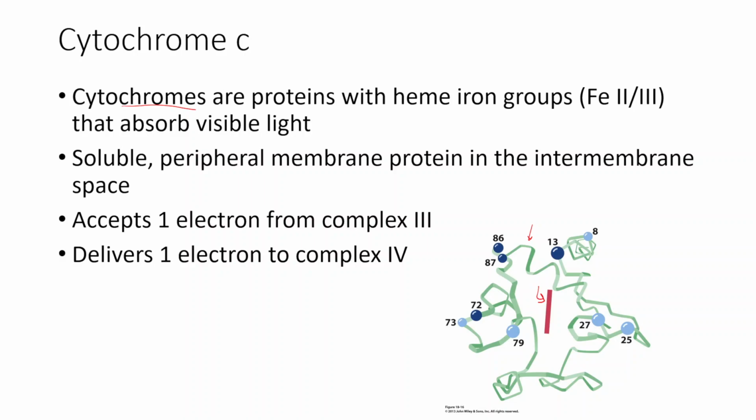So cytochrome C itself is a soluble protein, and it's a peripheral membrane protein, so it's able to associate on the intermembrane space side of the inner mitochondrial membrane. It associates with the membrane, but it's peripheral, so it's able to move away from the membrane into the intermembrane space itself, as well as to interact with the outer portion of that membrane.